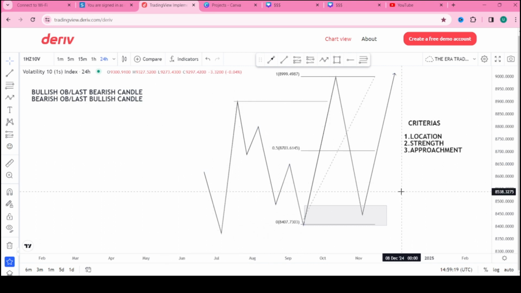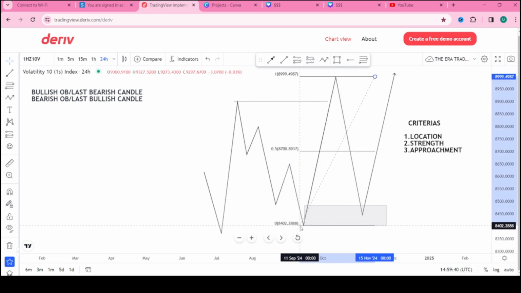One of the things to consider before picking your order block is the location. You need to know if it is in the discount level before you buy. You don't want to buy at premium, so you wait for price to come back to a discount region before you buy. Using your Fibonacci from the swing low to the swing high, you mark it out and get the half.